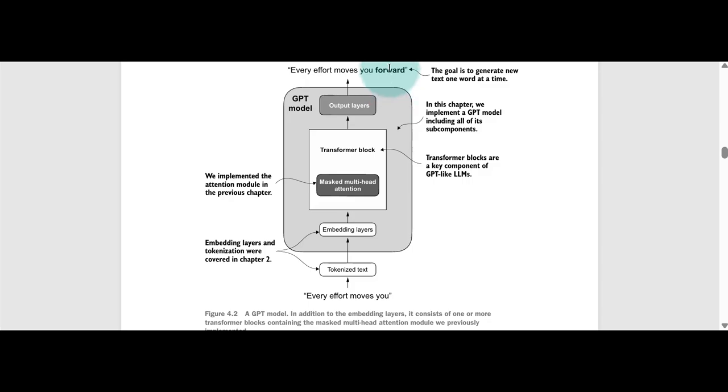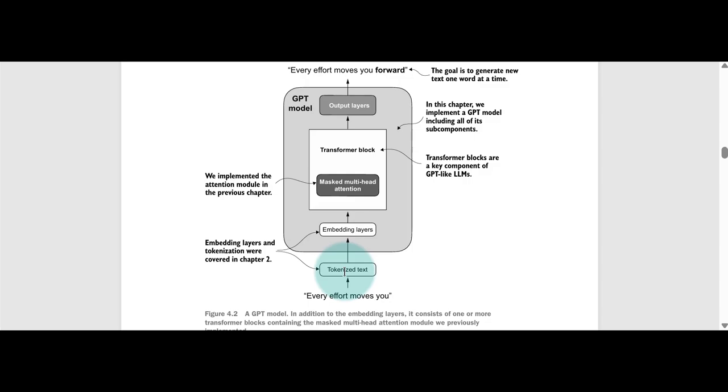So hopefully, if you have "every effort moves you," then maybe what you want to come next is "forward." So hopefully your output is "forward," but of course it could be a lot of different things. And we want to predict some token. So this is kind of just a general picture.